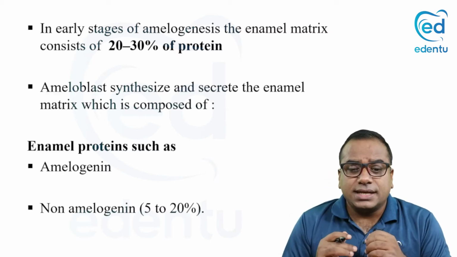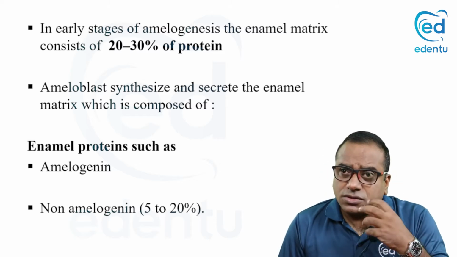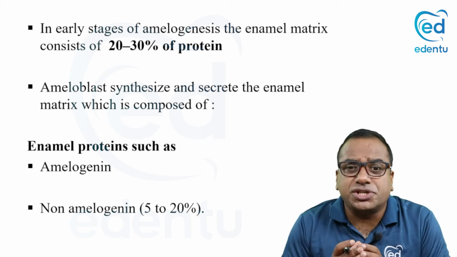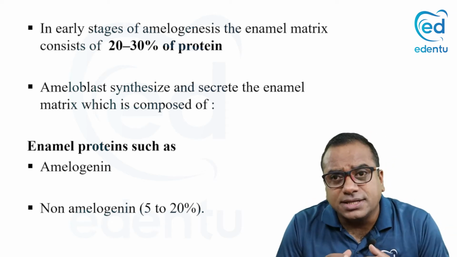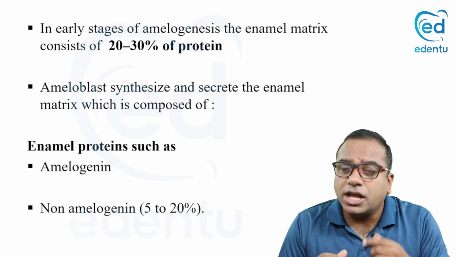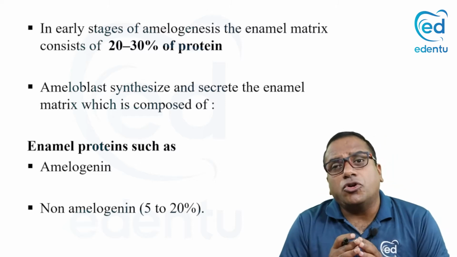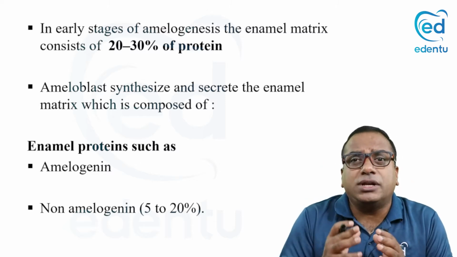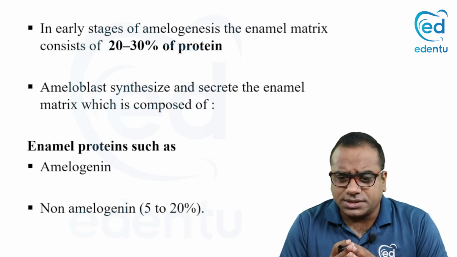And these ameloblasts synthesize and secrete the enamel matrix. The enamel matrix has a composition. So what is the composition? It is nothing but enamel proteins. And these enamel proteins are of two types: amelogenin and non-amelogenins. Amelogenin is the major contributing factor, which accounts for up to 90%, and non-amelogenin is 10 to 20%.